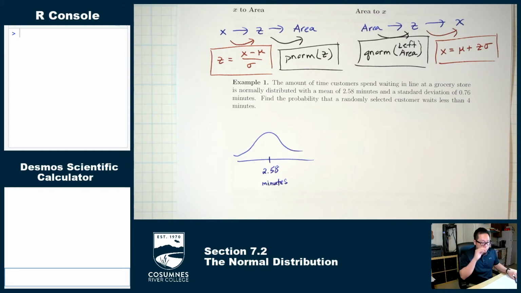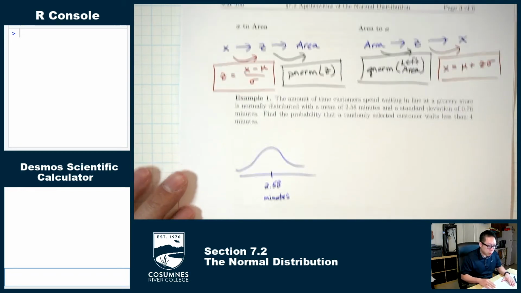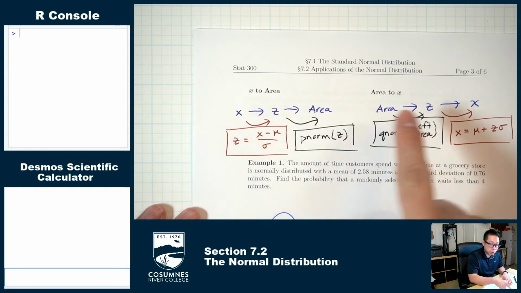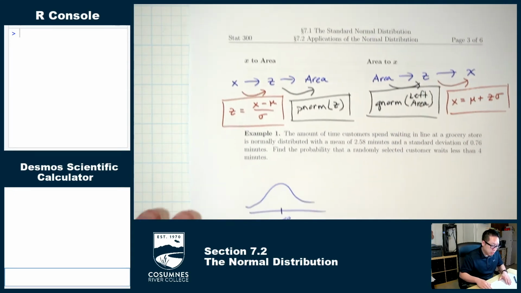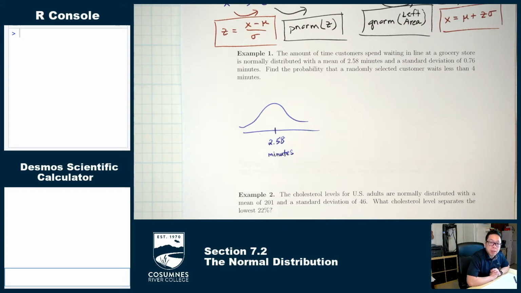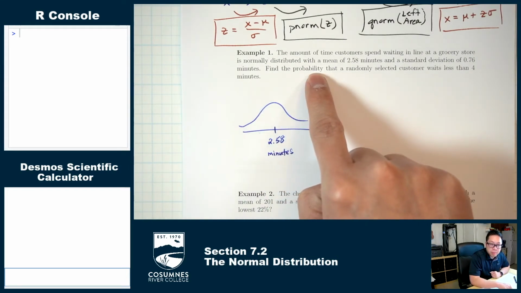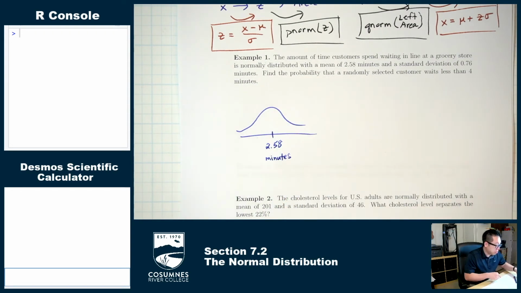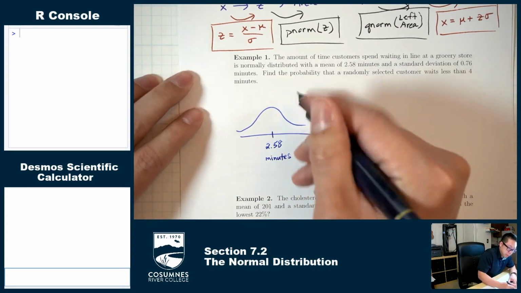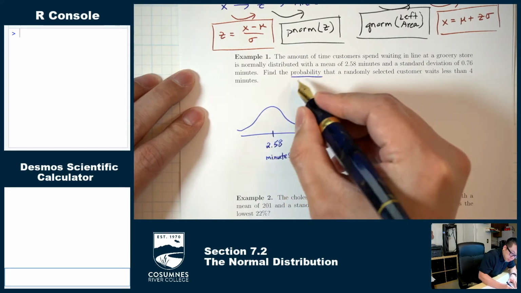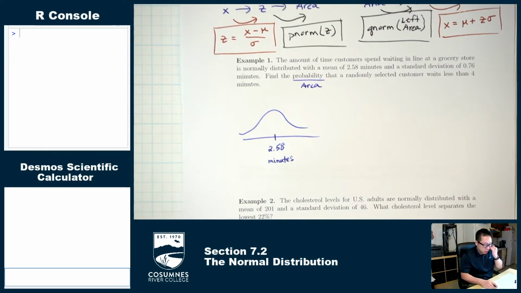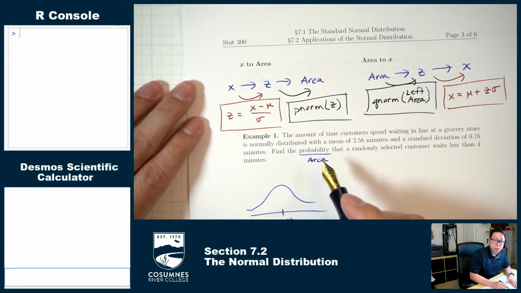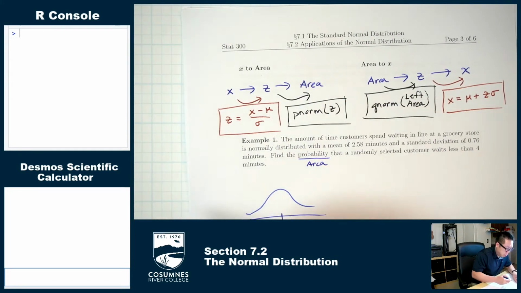Now the second thing I need to do is decide whether this is an x to area or an area to x problem. How do you decide? The question is asking, find the probability. So I want probability as my final answer. Probability is an area. Whenever I say probability, you should think area.